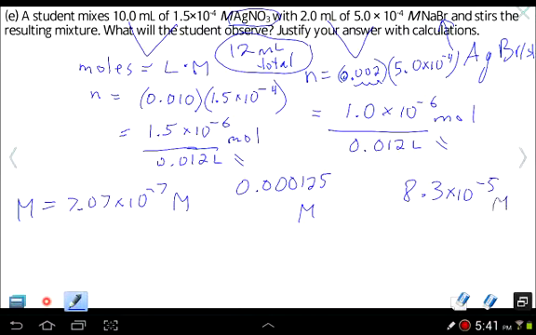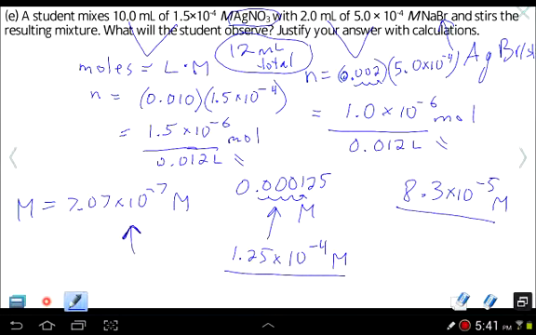Now this one, if we put it in scientific notation, should be 1.25 times 10 to the negative 4th. So we have 1, 2, 3, 4. So notice that both of these molarities are quite a bit higher than the solubility molarity. And because they're higher, you will form a precipitate.